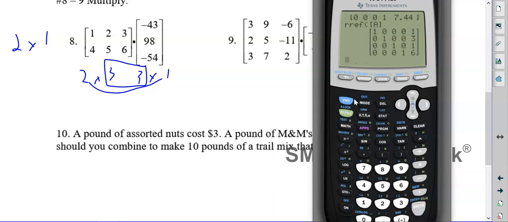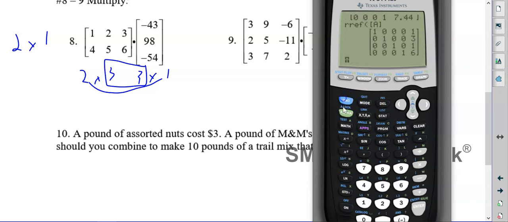Quit. Back into my matrix. Go to edit. Down to B, choose this time, and put in a 3 by 1. And that's, remember, use the gray negative key, negative 43, 98, and negative 54. Quit.